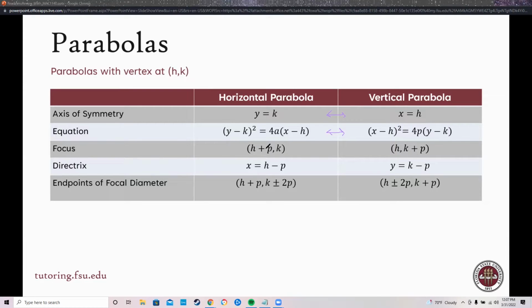And then the endpoints of the focal diameter are this. These aren't used as much, I don't think. So it's really understanding the axis of symmetry, the equation, and the focus that are the money makers for understanding parabolas.